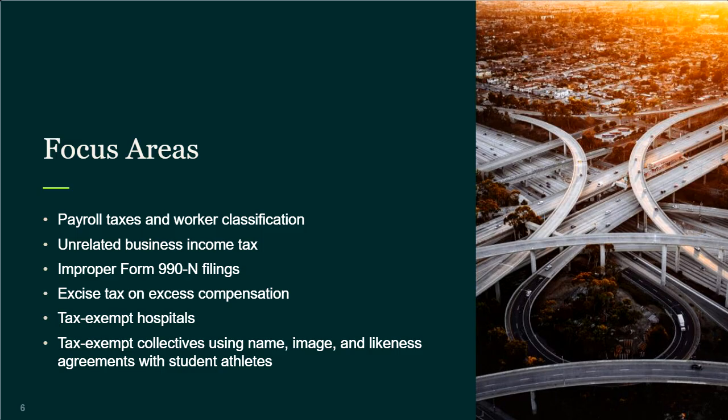We've seen a lot of back and forth here, but they're very focused on those types of organizations that are starting up and forming, and they are denying several of those when they apply for tax-exempt status. So those are a few focus areas within the IRS, all ways to ensure that the public is still getting the greater benefit and that tax-exempt organizations are staying compliant with their tax-exempt focus.